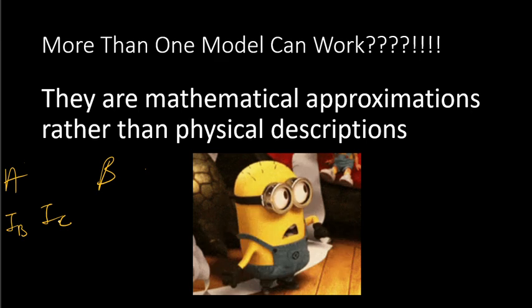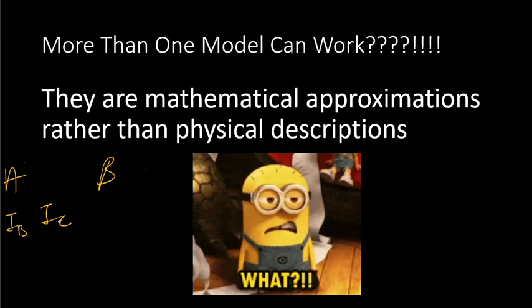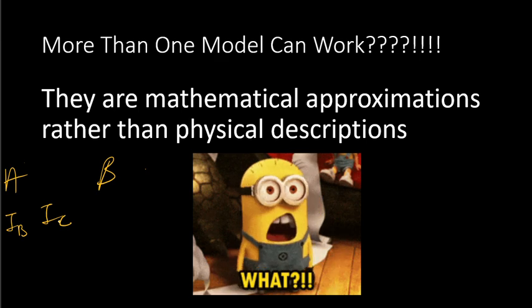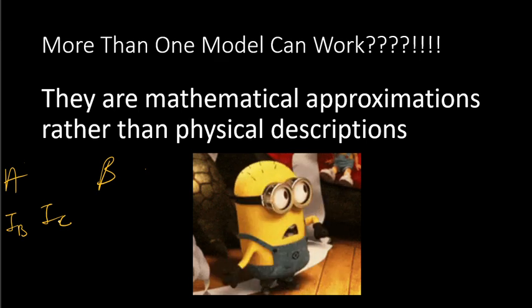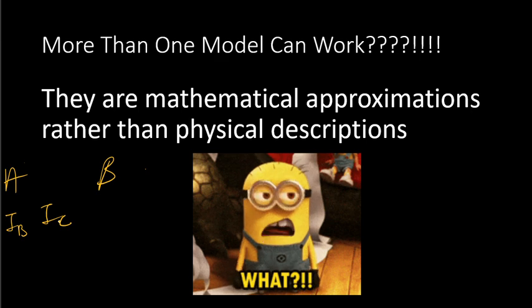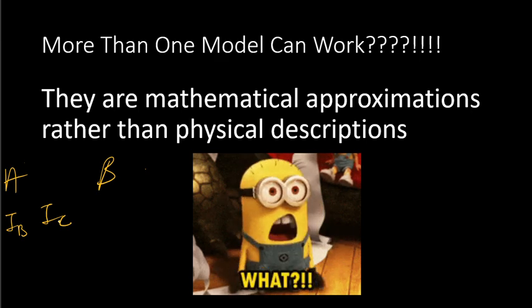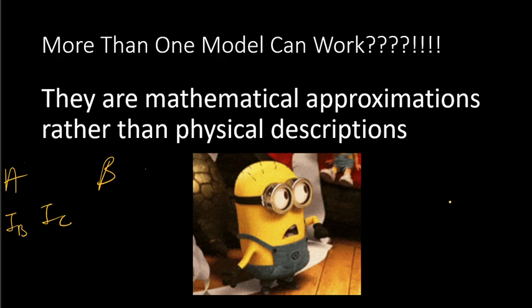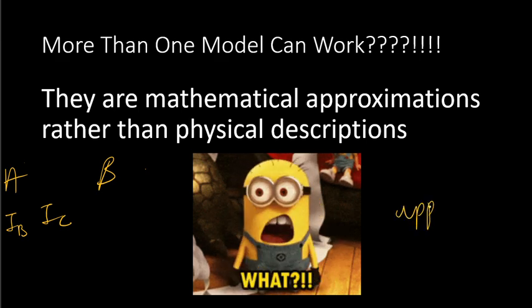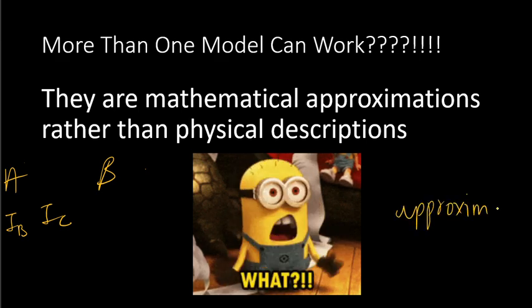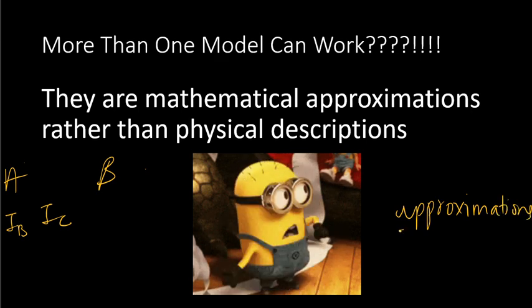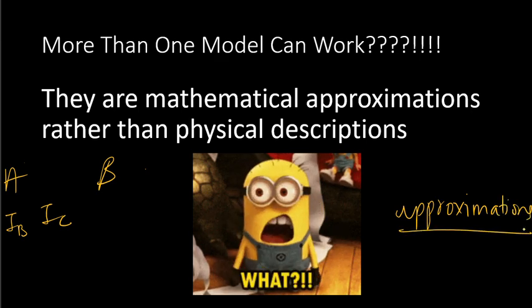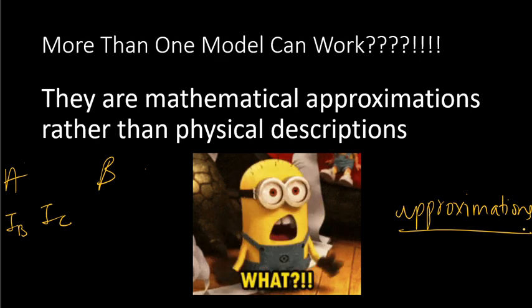From external measurements alone, there may be no way to determine which model is better and represents the actual device. This shows that empirical models are not unique, they are mathematical approximations rather than physical descriptions.